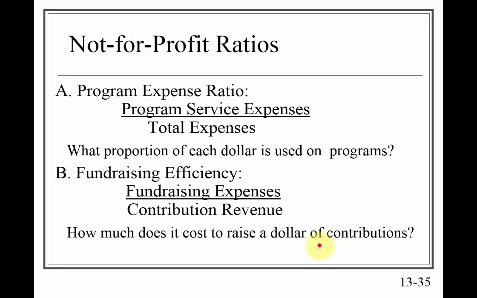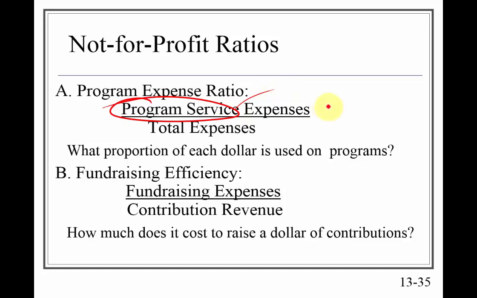What we want to do is whatever money they're spending, we want it to be for their services, their nonprofit services. Now, there's other costs being incurred by this nonprofit that don't go to direct services to their clients, to their needy recipients.